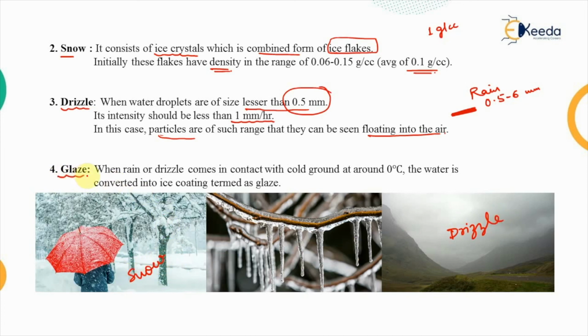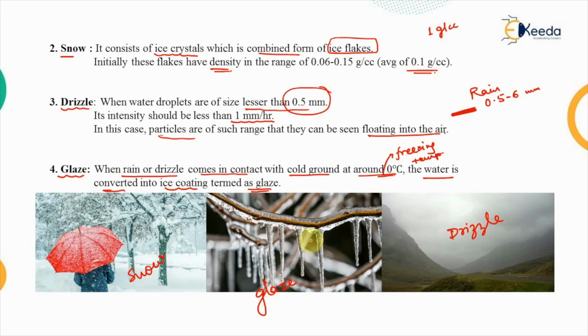And the fourth form of precipitation is known as glaze. When rain or drizzle, that means water droplets, comes in contact with the cold ground at around 0 degrees Celsius, which is the freezing temperature of water, then obviously at that temperature the water is converted into an ice coating, which is termed glaze. This image is representing glaze.